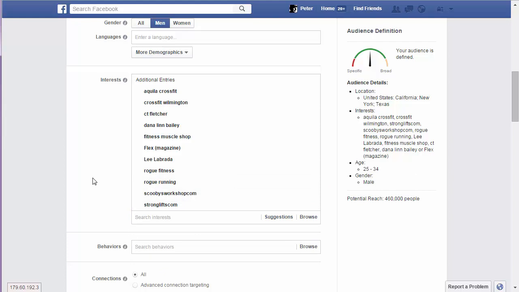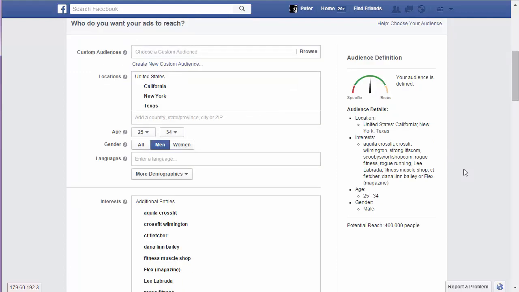I know that went on for a little bit. Sorry about that, but I just wanted you to see exactly how it works. So basically we've gone from 176 million people who are just on Facebook that we can get at in the US, down to 3.7 million who are just vaguely interested in CrossFit, and down to anywhere between 10,000 and 460,000 people that we can be a lot more certain are active and interested, and potentially buying in a niche.